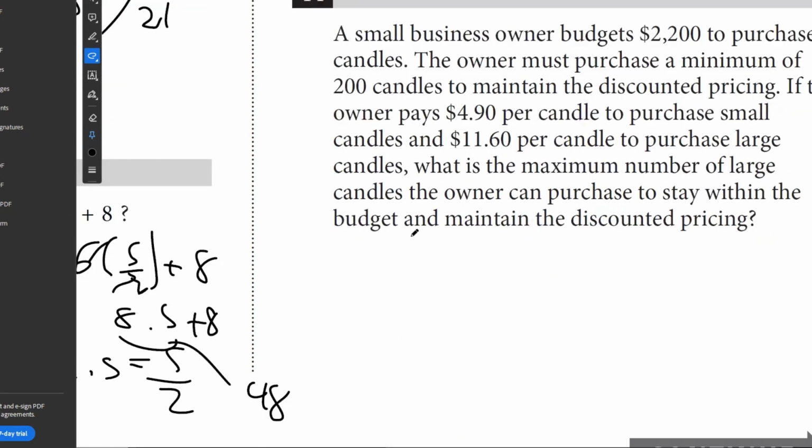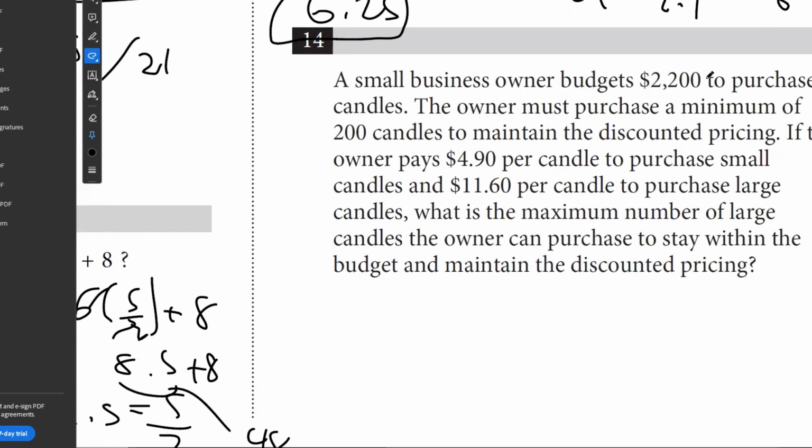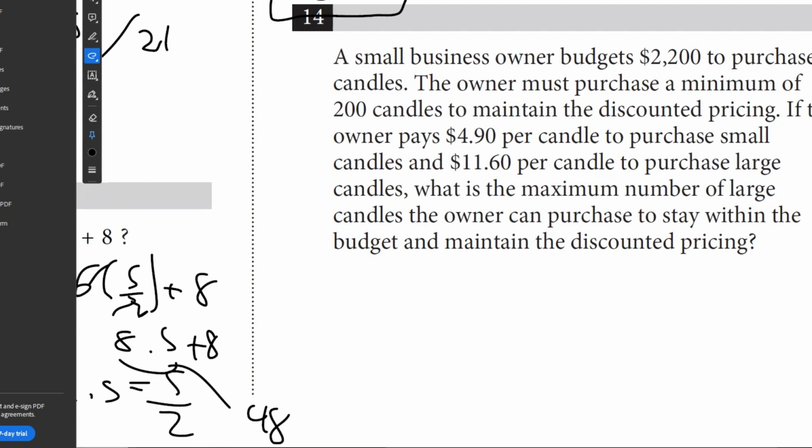All right. A small business owner budgets $2,200 to purchase candles. The owner must purchase a minimum of 200 candles to maintain the discounted pricing.